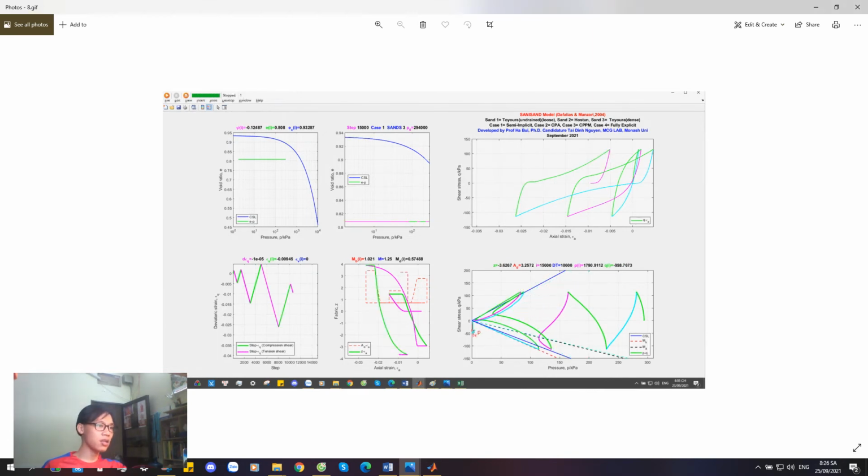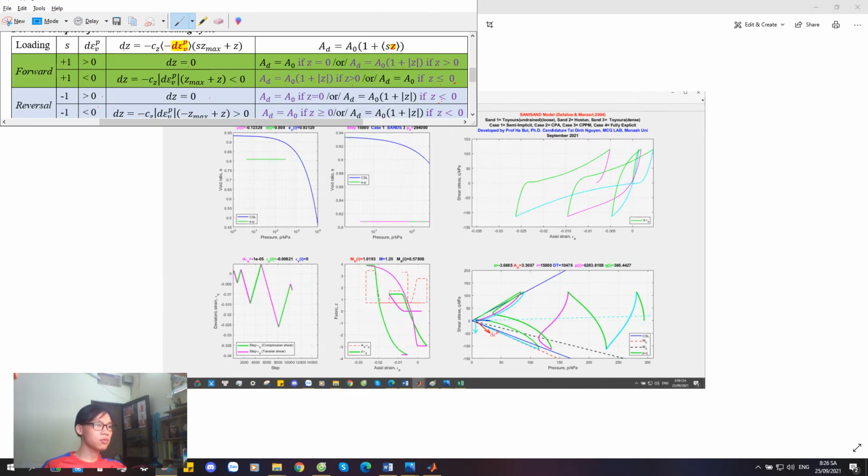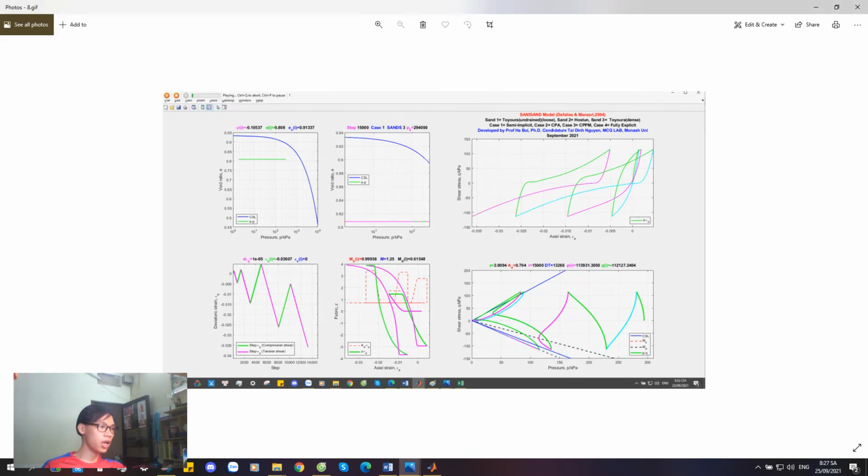And for the eighth stage, for the first time we still have a compaction, and the next time when it meets the dilation line it becomes dilation. So first, when compaction, we have epsilon VP positive, so we have dZ equal to 0. The dZ equals 0, and it means dZ did not change at all.